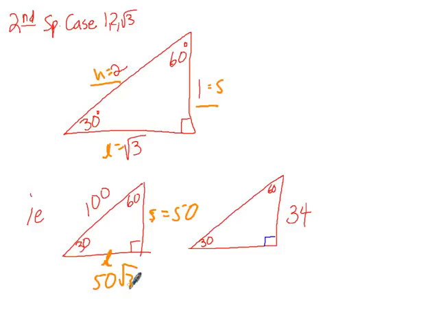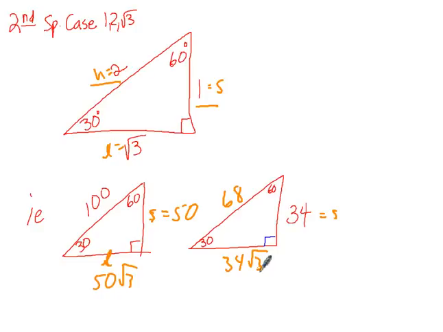So down here we have the shortest leg, and the hypotenuse is double that, so that's going to be 68. And then the long leg is going to be the shortest leg times radical 3, 34 radical 3. And that's all there is to the two special case triangles.